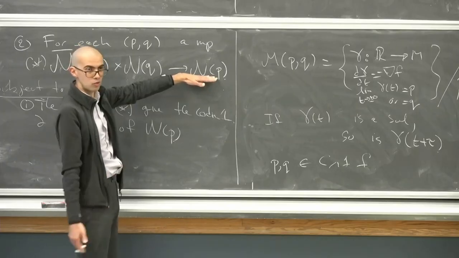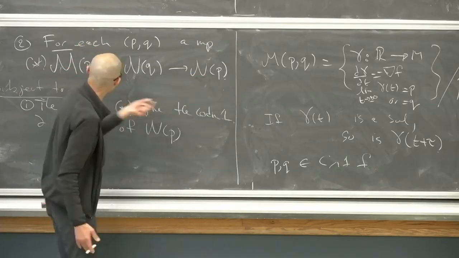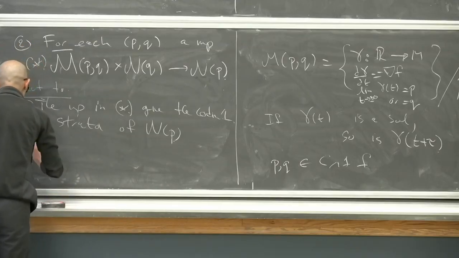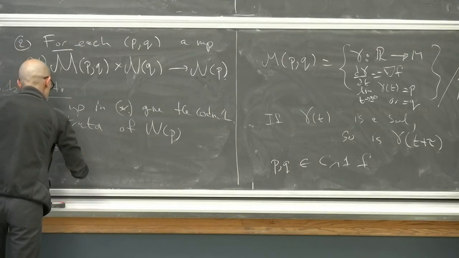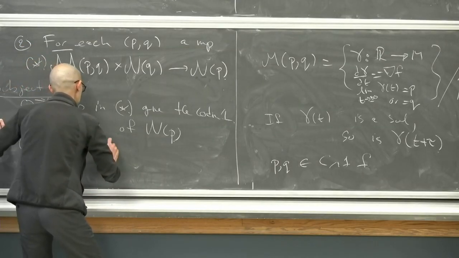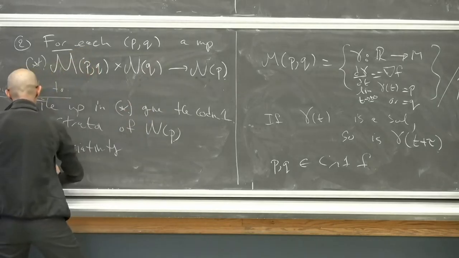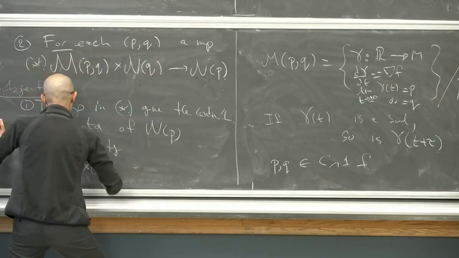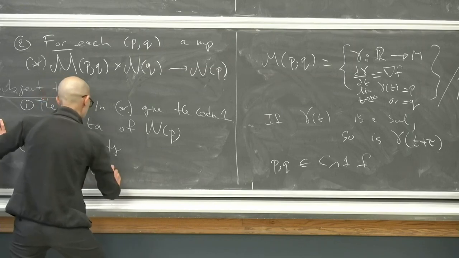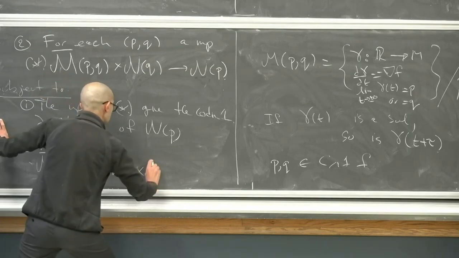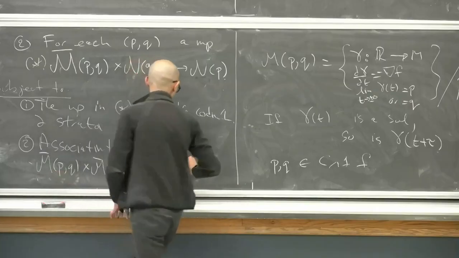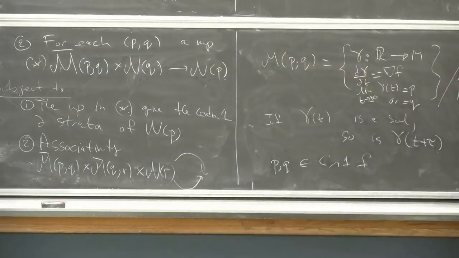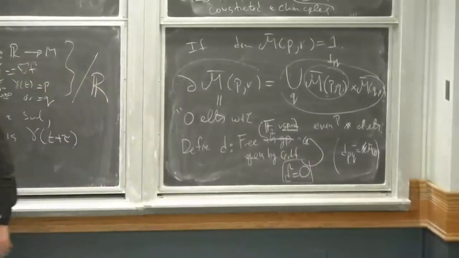What are its codimension 1 boundary strata? Well, some other manifolds with corners, and these are it. They're given to you by these rules. And then two, some kind of associativity. It takes a while to write down associativity, so I will do the shortest thing possible. You take M bar PQ, M bar QR, cross N of R. You can write down two different maps from this into N of P, using this and the analog of this that I erased.